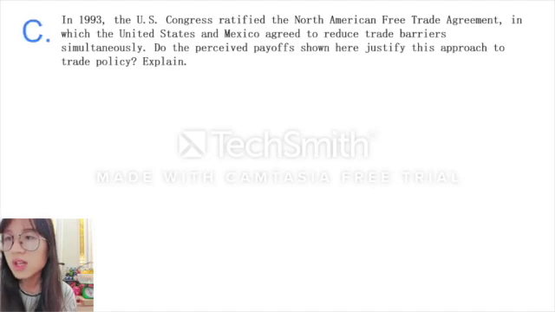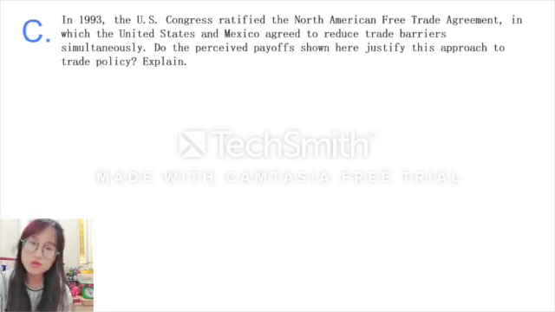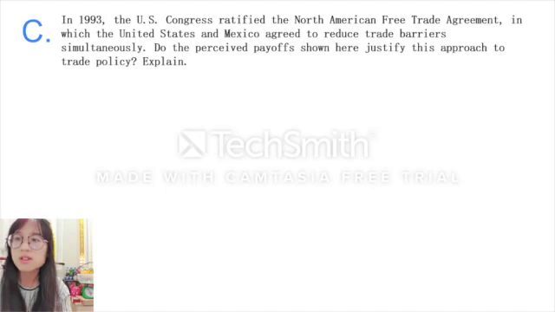The next question is: in 1993, the U.S. Congress ratified the North American Free Trade Agreement, in which the United States and Mexico agreed to reduce trade barriers simultaneously. Do the perceived payoffs justify this approach to trade policy?